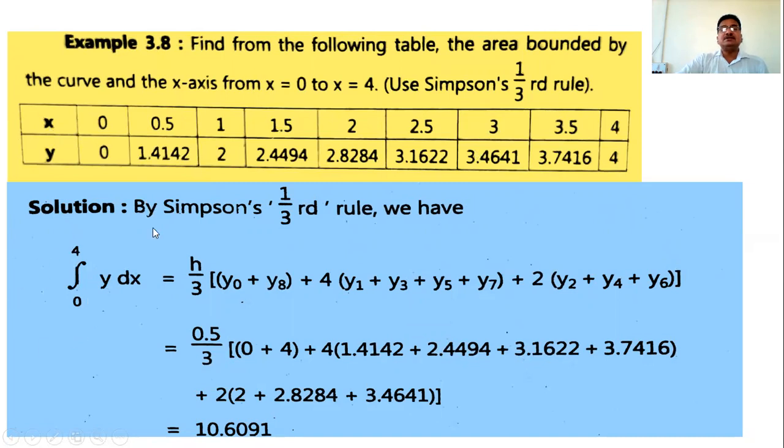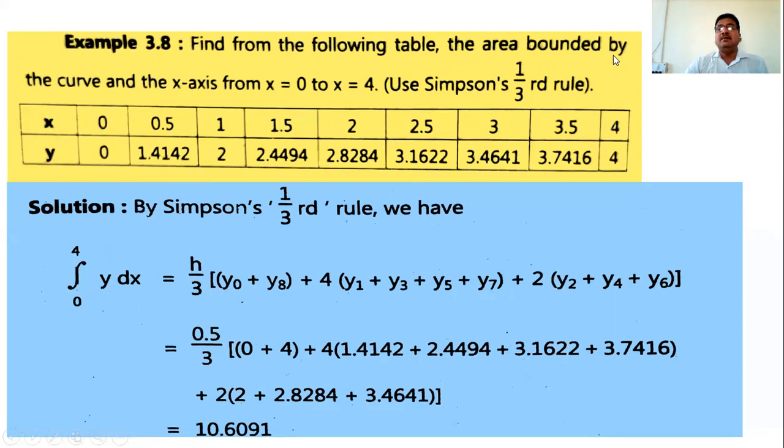What is this? This is the area bounded by the curve and the x-axis from x equal to 0 to 4. We know that a single integration means the area bounded by that curve. So we have to find this.